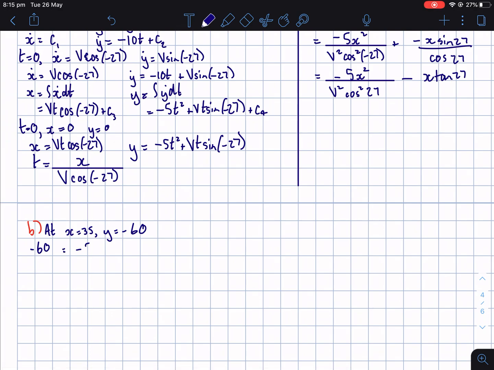Equals negative 5 times what x was, 35 squared over v squared cos squared 27, plus 35 tan 27. Oh gosh, that's nasty.